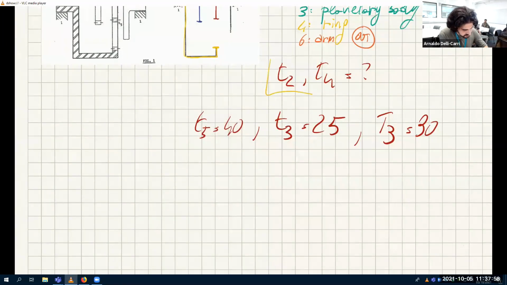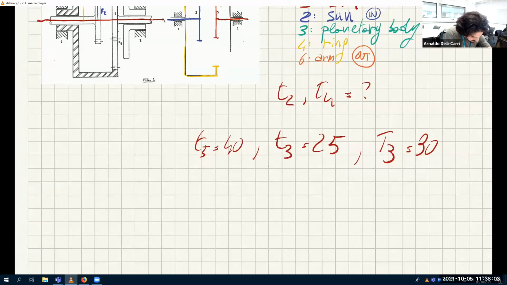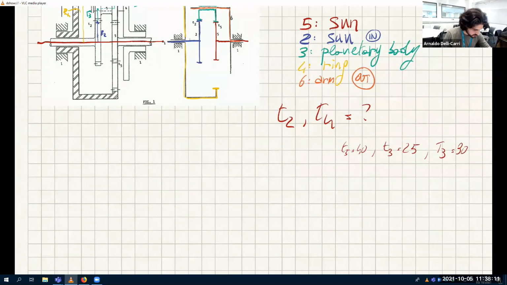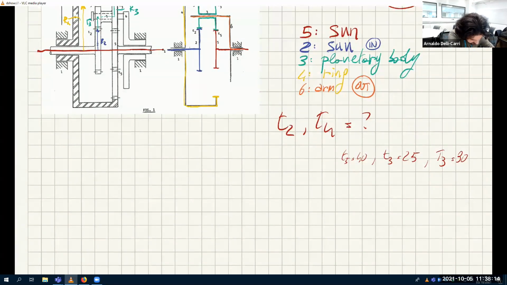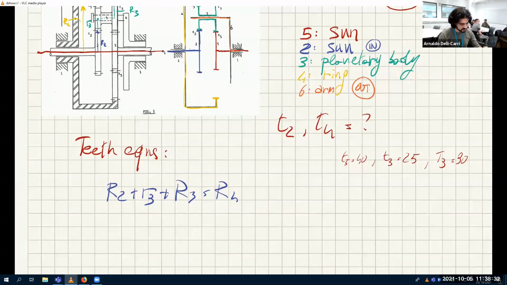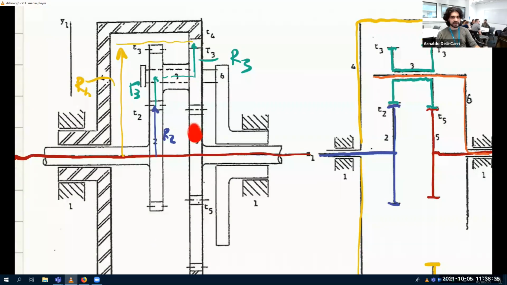I need 2 equations because I have 2 unknowns. So, tooth equation. The first one says R2 plus small r3 plus capital R3 equals R4. That's what we did. And the second equation, well, we didn't use 5 at all.